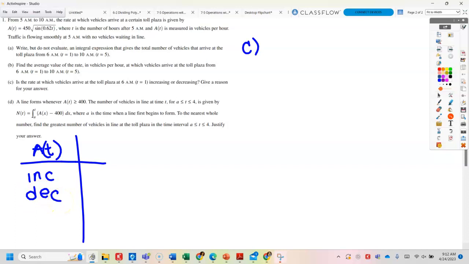So if you want to know if a function is increasing or decreasing, what do you look at? You look at its derivative. If the derivative is positive, then the function's rate is increasing. If the derivative is negative, then your function rate is decreasing. So we would want to look at A prime of 1.